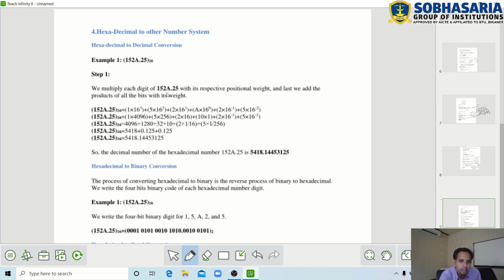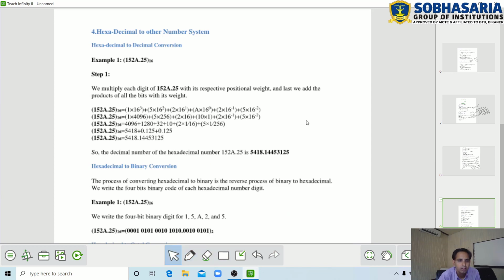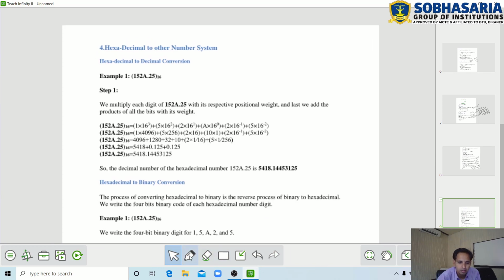How do we calculate this? Again, positional weight: sixteen power n minus 1 to 16 power n minus n. We multiply each number with 16 power n minus 1 down to 16 power n minus n. So here we multiply 1 into 16 power n minus 1, where n is the number of digits.